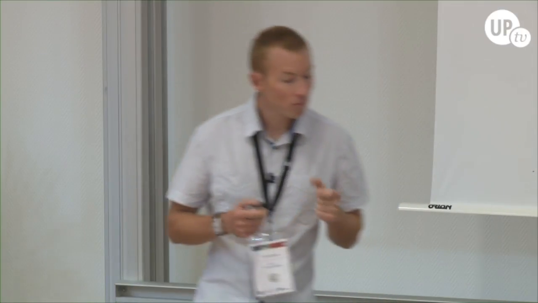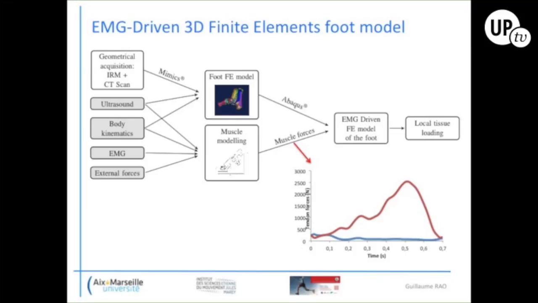What we did was to build an EMG-driven 3D finite element model of the foot. How did we do that? We used the muscle modeling part I just presented in order to get the muscle forces during the motion. And we also used a bunch of acquisitions in order to build a finite element model of the foot and to be able to drive it using the EMG data.